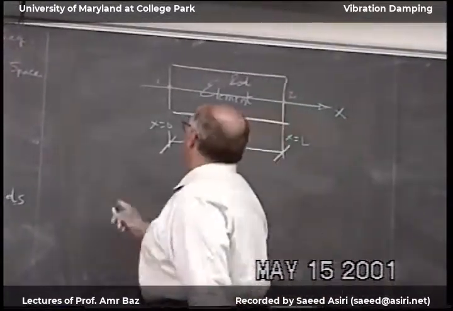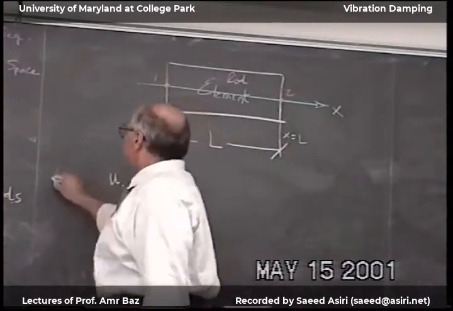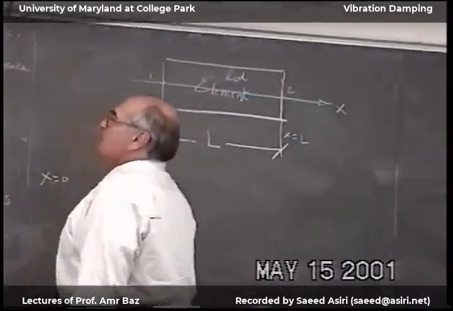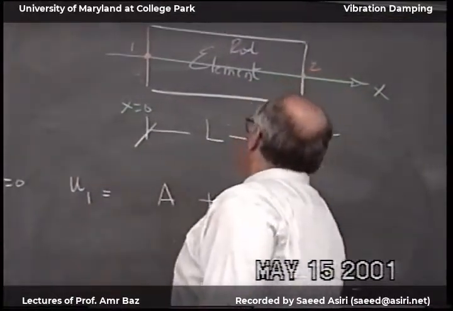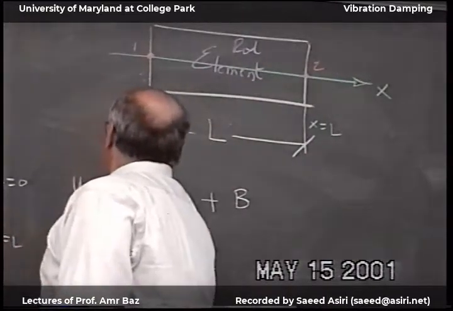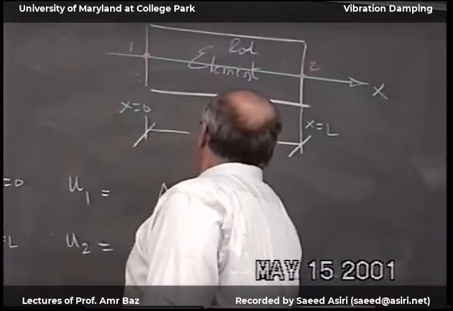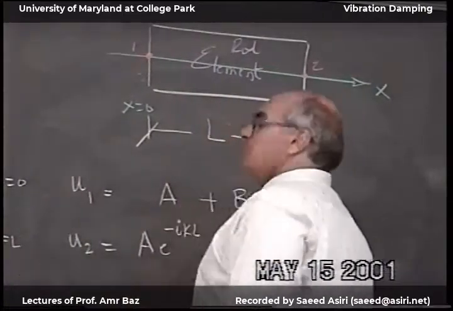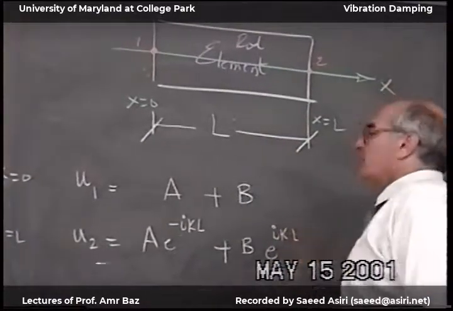So now, when I put x is equal to 0, then I have u1 will equal to A plus B. And then x is equal to L, u2 will equal to A e to the minus i kL, plus B e to the i kL.